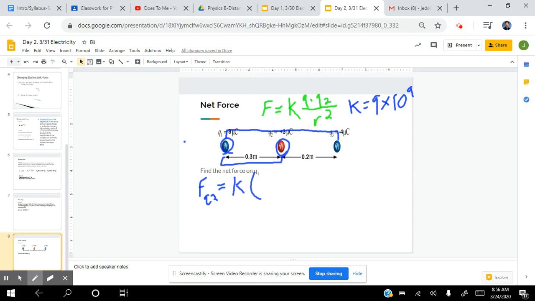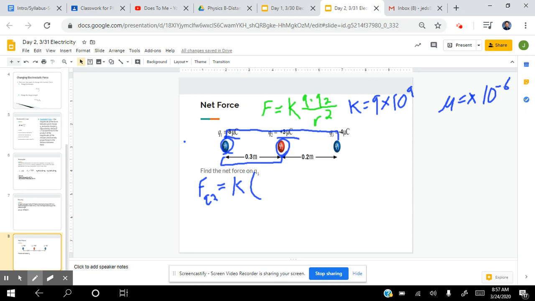So I have a -8 microcoulombs, and I also have a +3 microcoulombs as well. One thing I want you to keep in mind is every time you're dealing with microcoulombs, that's what that mu represents, micro. You're going to use the scientific notation of times 10 to the -6th.